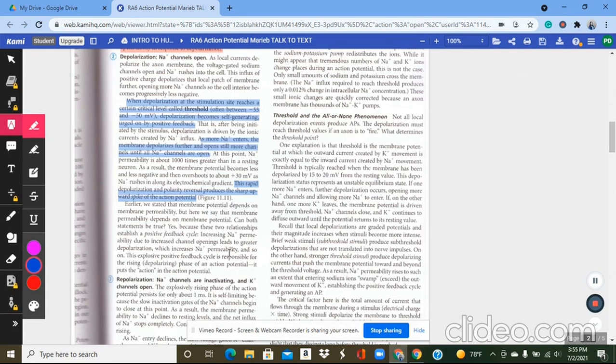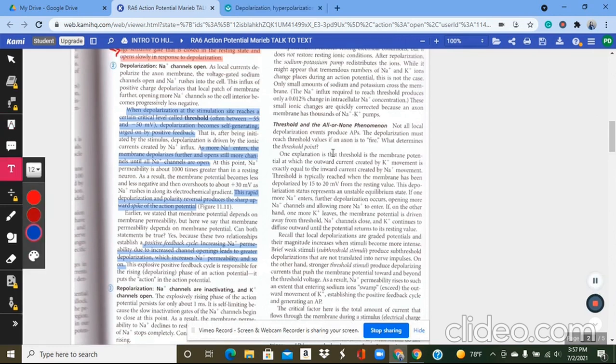Yes, because these two relationships establish a positive feedback cycle. An increasing sodium permeability due to increased channel opening leads to a greater depolarization, which increases sodium permeability, and so on. This explosive positive feedback cycle is responsible for the rising or depolarizing phase of an action potential. It puts the action in the action potential.